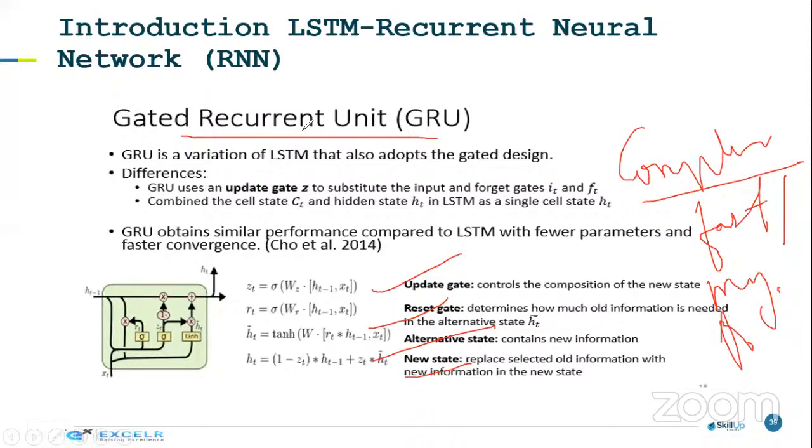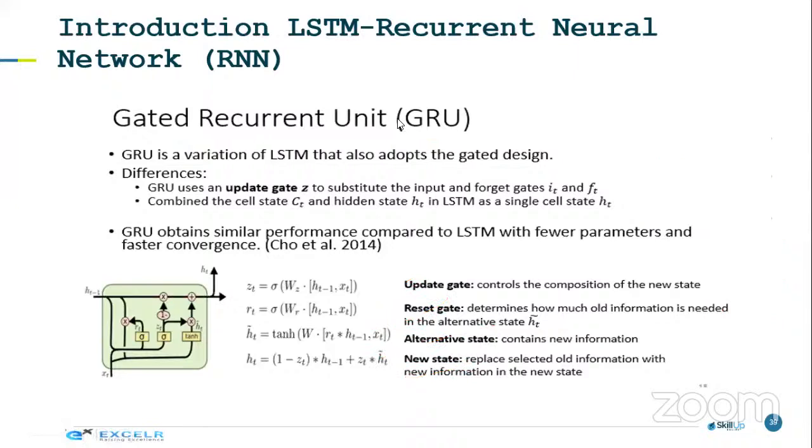Okay, I understand. What they're trying to do in GRU is, they are performing the same operation, but they are doing some kind of, let's say, all this like forget gate, input gate, and output gate. Now they are clubbed into only 3 states. Out of 4 states, they are clubbed into the 3 states over here, and they are trying to adopt this new mechanism, using which they will be able to improve the memory, and they will reduce some kind of complexity. Okay, they are combining the cell state and hidden state in the LSTM as a single state.